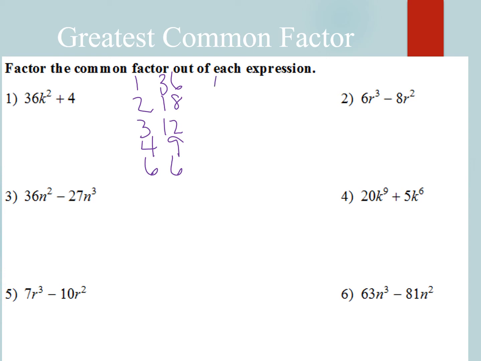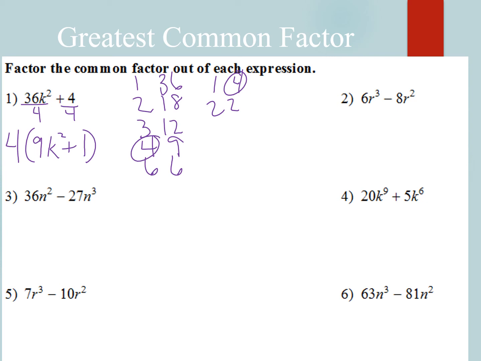Okay, and the factors of 4 are 1 and 4 and 2 and 2. So 4 would be that largest number that they have in common. So I'm going to put 4. And when I look at these two terms, the 4 doesn't have a k with it, so they do not share any variables. So I'm just taking out the 4. So I can put my parentheses, divide by 4, and I get 9k squared plus 1. And that is the final answer.